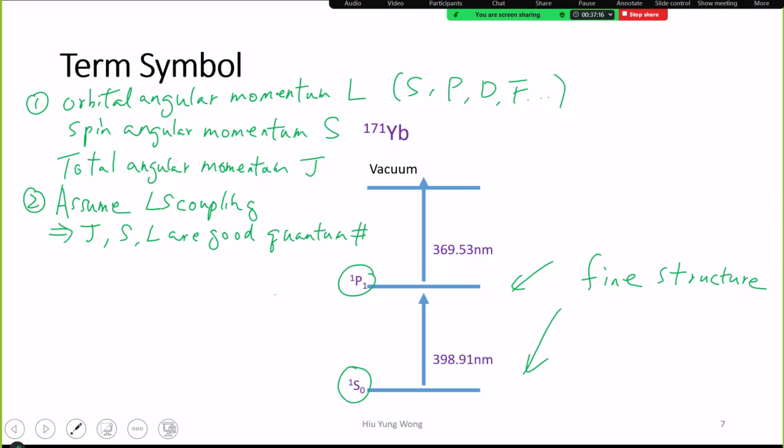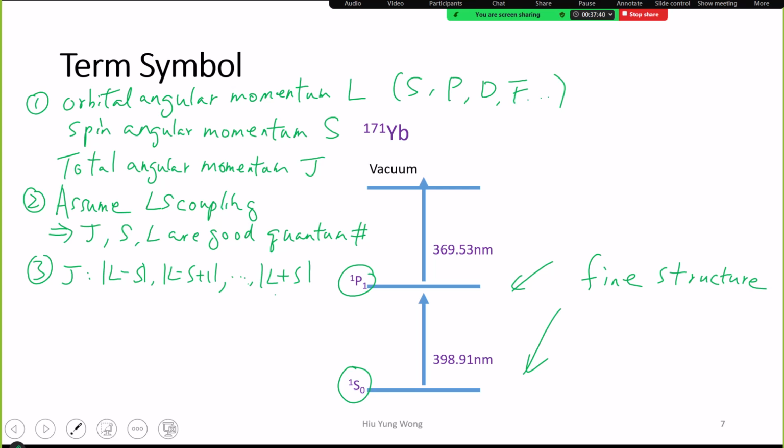So if this is the case, then J will take this value. It will take L minus S, L minus S plus 1, all the way to L plus S, which is understandable.